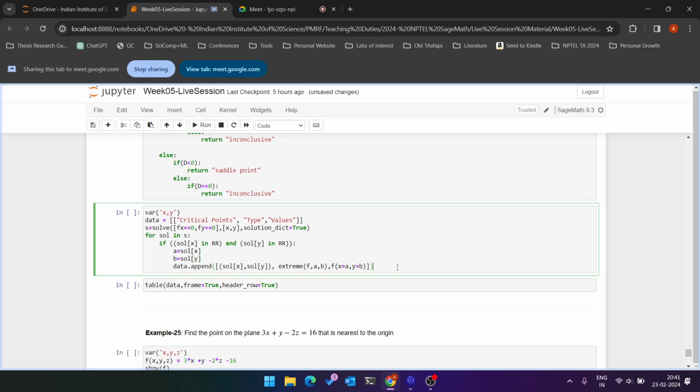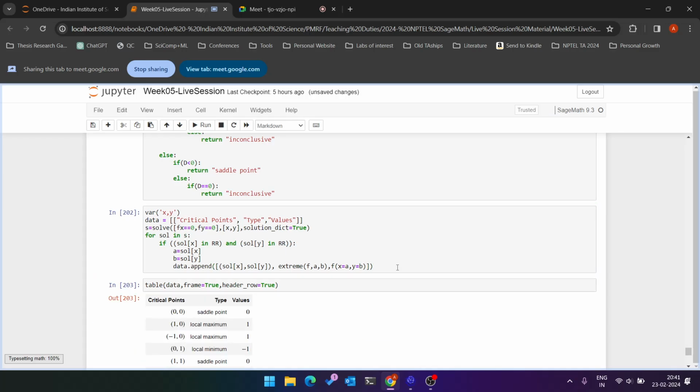With this in mind, I run this for loop and I obtain a table.